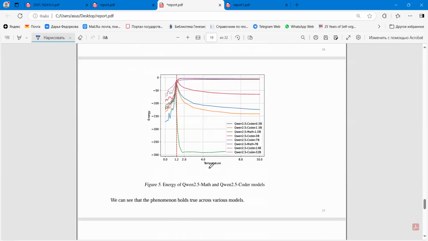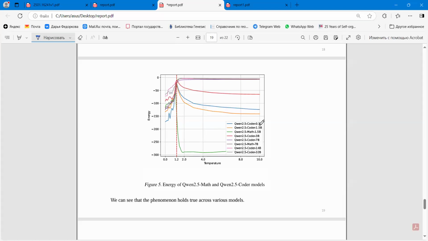And also they have constructed these graphs for other Qwen models, for example Qwen Coder, Qwen Math, according to different size parameters, and they have obtained the same results.